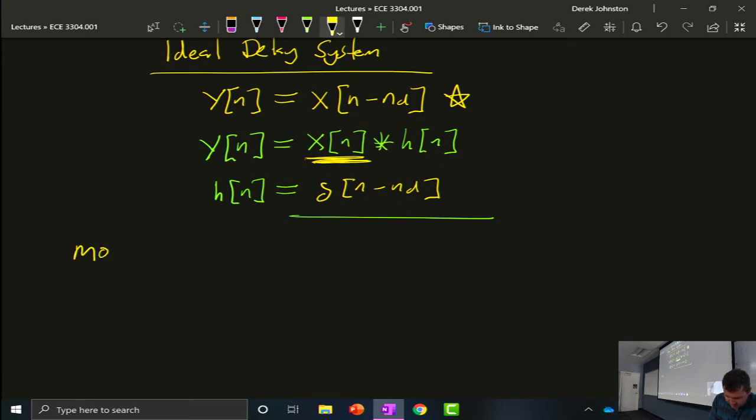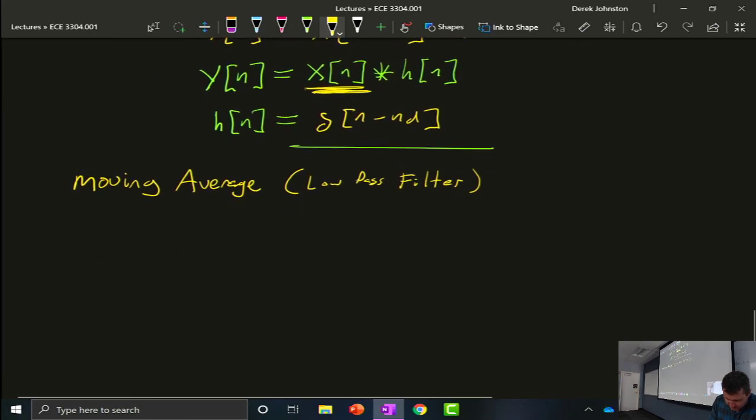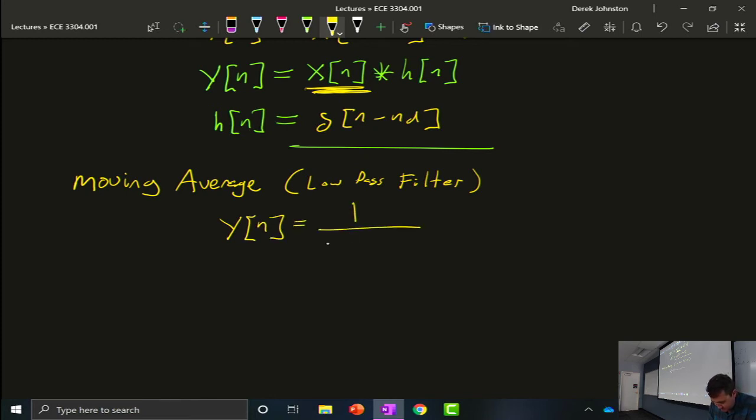If we wanted a moving average, otherwise known as a low-pass filter, then we might do something like this. Before, we would define it as: y of n equals 1 over m1 plus m2 plus 1, which is the window we're using, times the sum from k equals negative m1 to m2 of x of n minus k.